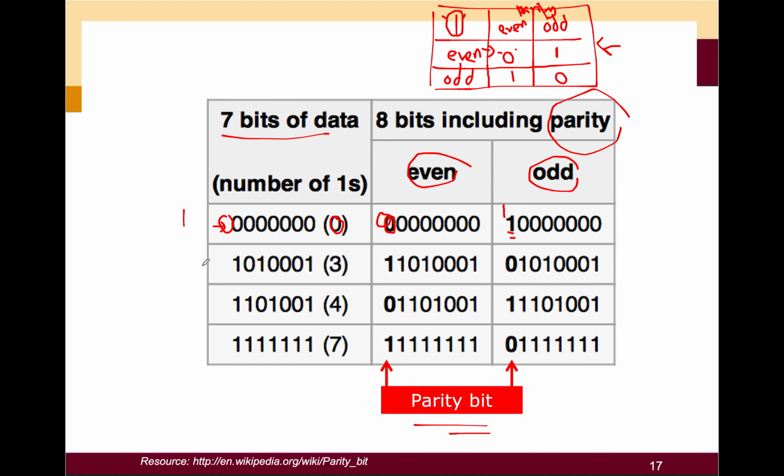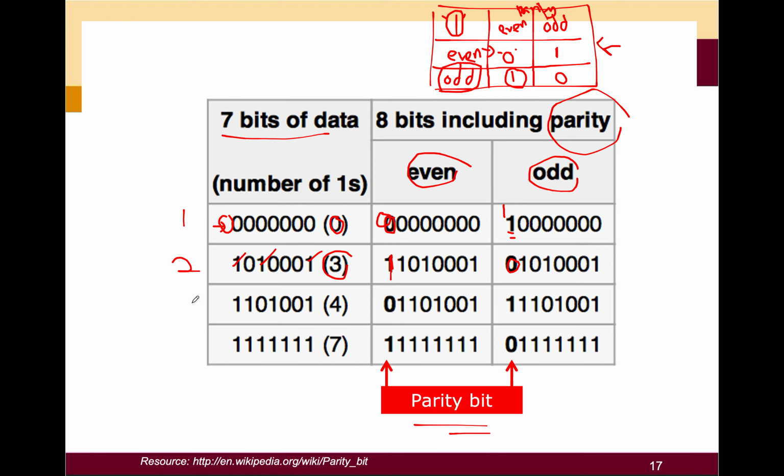And then over here, the second example, you have 1, 2, 3 digit 1, so it is an odd number. So for an odd count of 1, you need even parity, and you will add parity bit 1 in front. That's why you get this one here. And then for odd parity, you will get 0 in front.